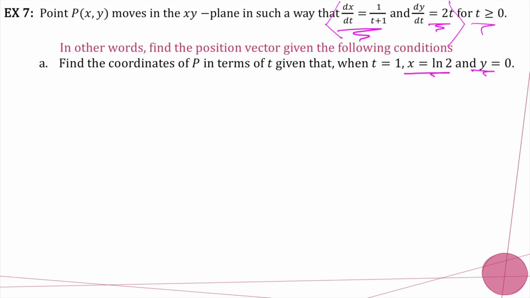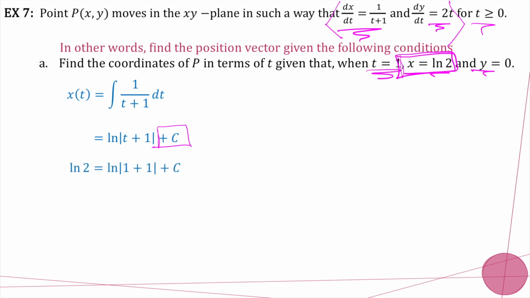To go from velocity to position, that's just integration. So we'll take the antiderivative of our x component, so we get ln of the absolute value of t plus 1, and of course, plus our constant of integration. We have an initial condition, x equals ln 2 at t equals 1.